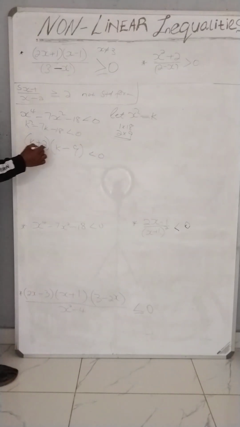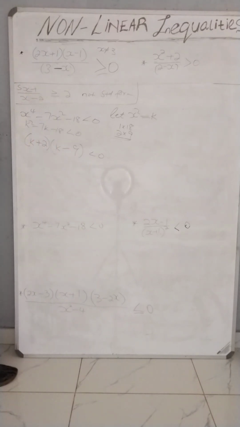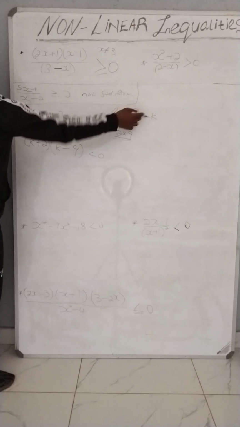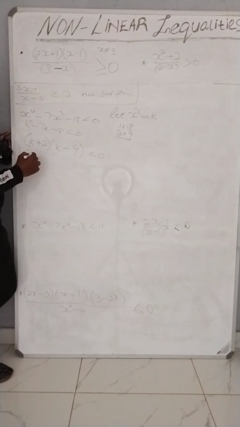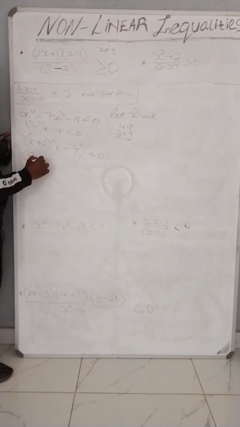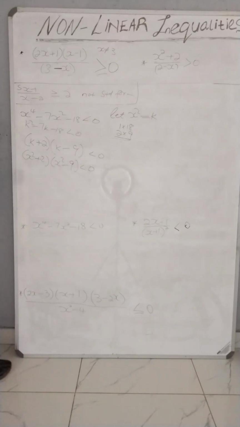You'll have minus 9k plus 2k. But remember, x squared is the same as k, so you can have x squared plus 2 times x squared minus 9 is less than 0. Okay, you can have it like that.